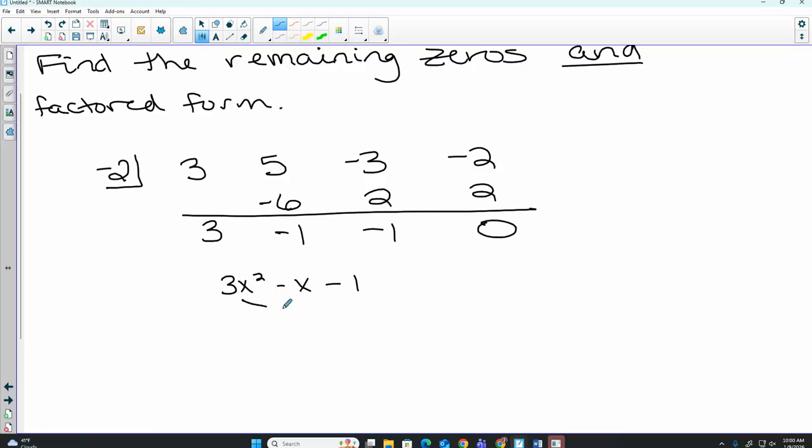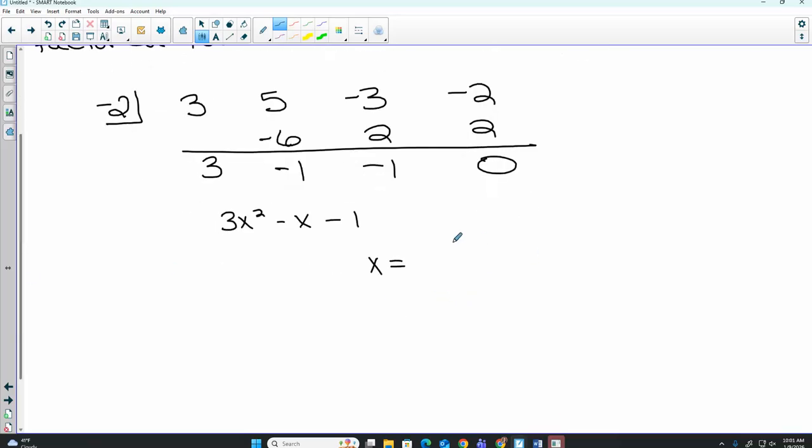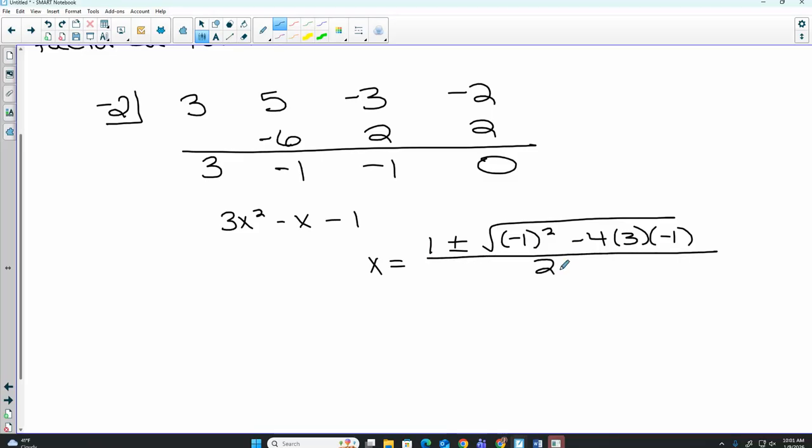Slip and slide. Okay, unfortunately, does this one factor nicely? No, so what would we have to do? Quadratic formula. So the opposite of b, plus or minus the square root of b squared minus 4ac, all over 2a.